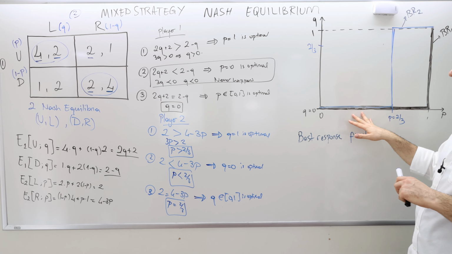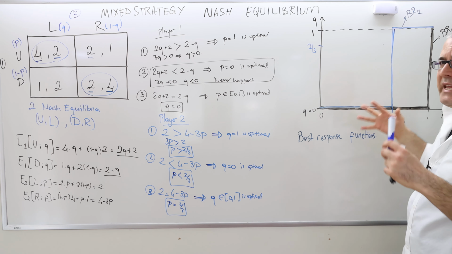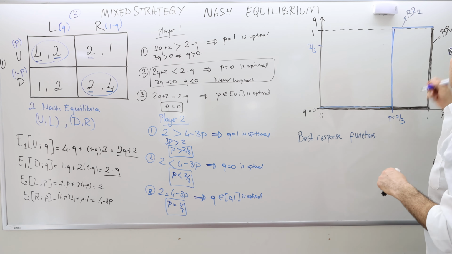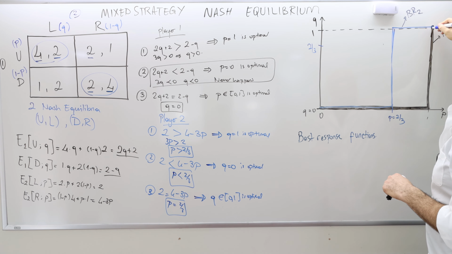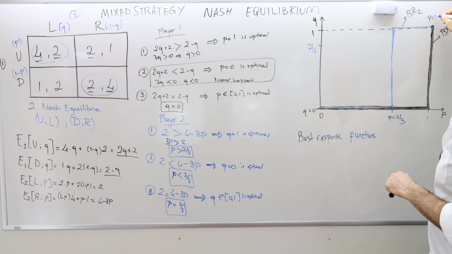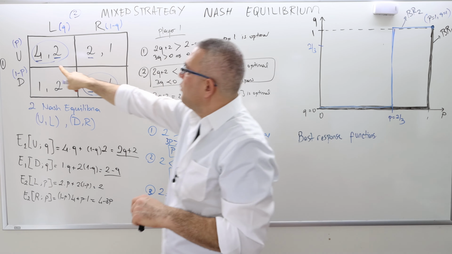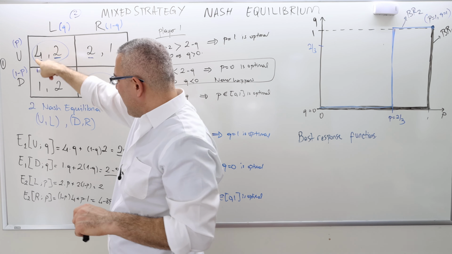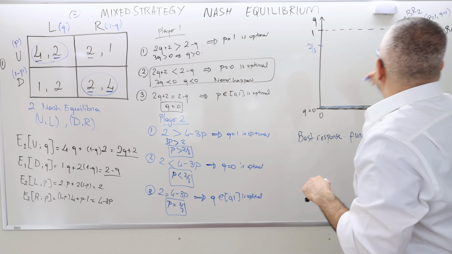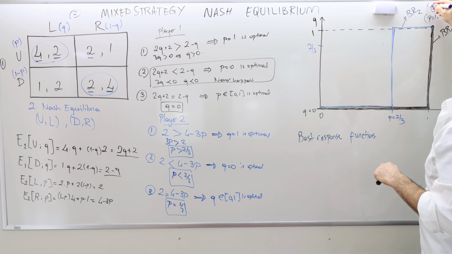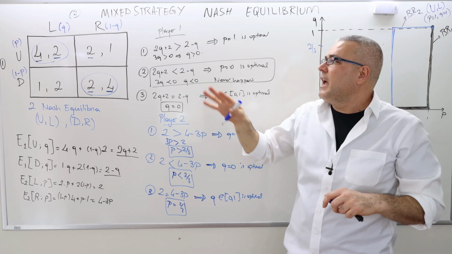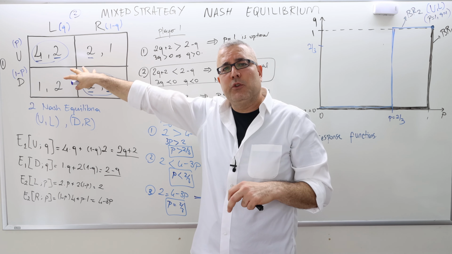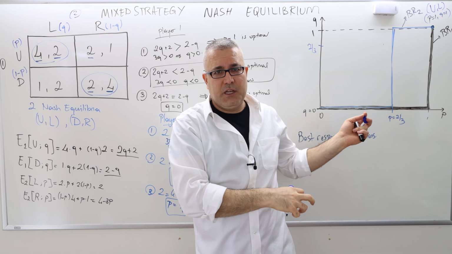Here, as you can see, there are many points of intersection, one of which is this point, where P is 1, Q is 1. And P is 1, Q is 1 corresponds to UL, which is one of the Nash equilibria. So, in conclusion, every pure strategy Nash equilibrium is also a mixed strategy Nash equilibrium.